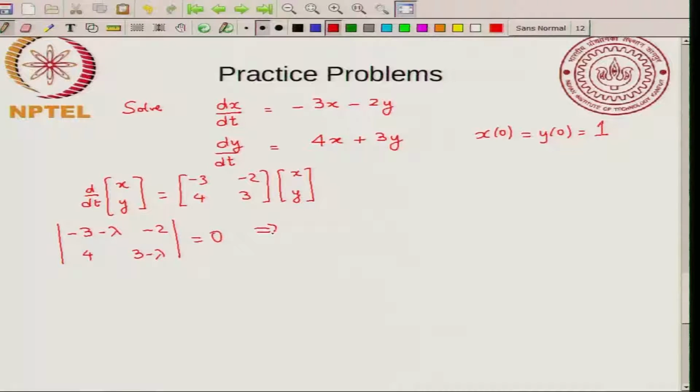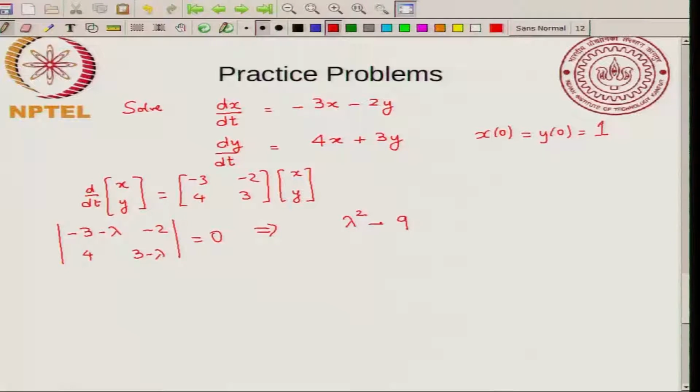So minus 3 into 3 is minus 9, and then I have minus 3 into minus lambda, so that is 3 lambda, and I have 3 into minus lambda, so that is again minus 3 lambda, so that will cancel, and then I will have lambda square.